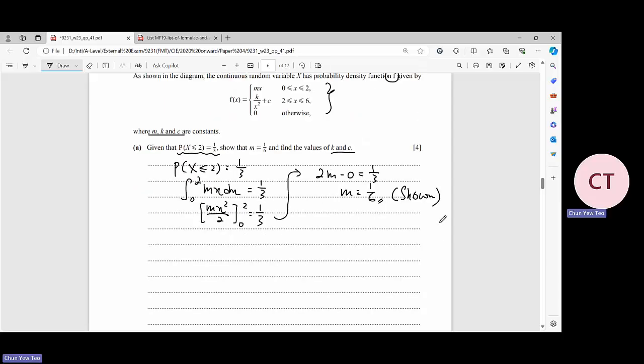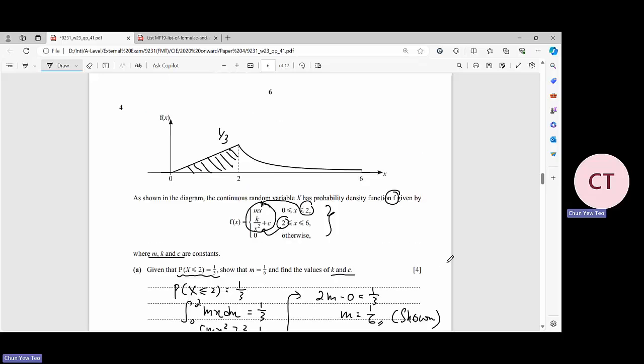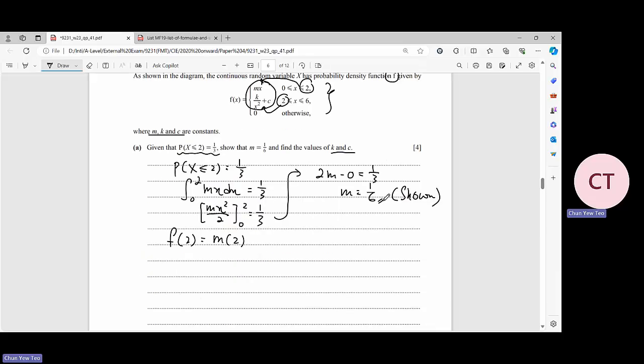Now we are ready to find k and c. Over here, we know that f(2) is equal to the m(2), because if you put 2 here and put 2 here, these two values must match, because this is the point that they share in common.